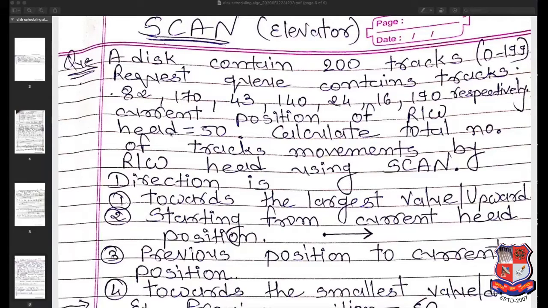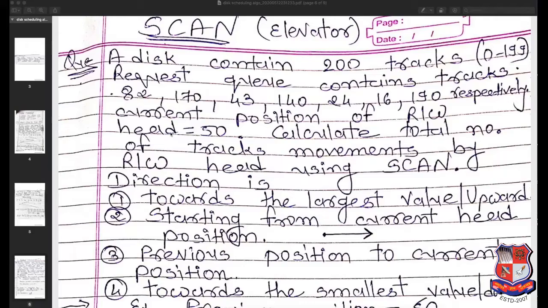If the total number of tracks is 500, then it is 0 to 499. The request queue contains tracks 82, 170, 43, 140, 24, 16, 190.